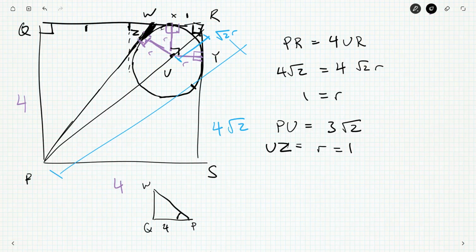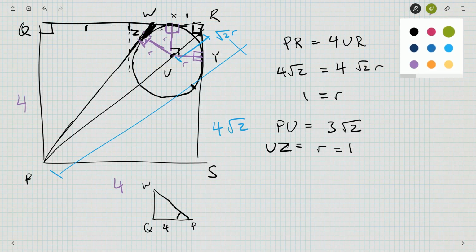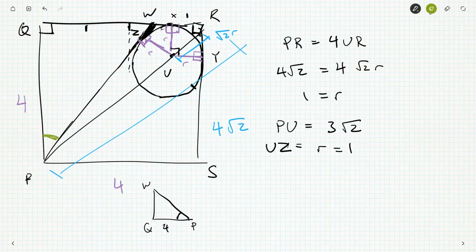If I knew this green angle, then we'd have 4, so that's adjacent, so 4 tan green angle. Yeah, it's opposite and adjacent. Opposite over adjacent is tan of that angle, so multiply both sides by the adjacent, you'll get the opposite. Okay. So that works.